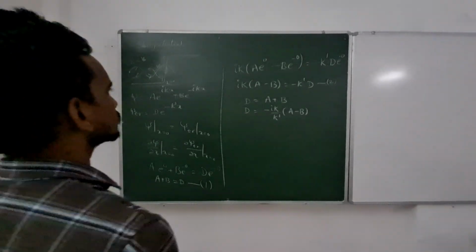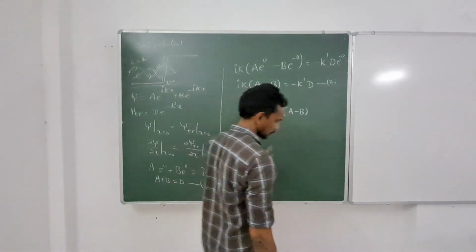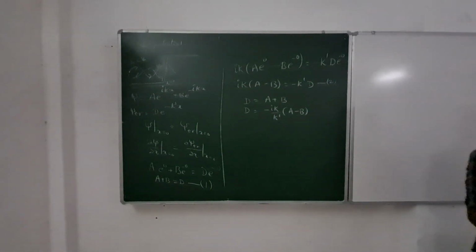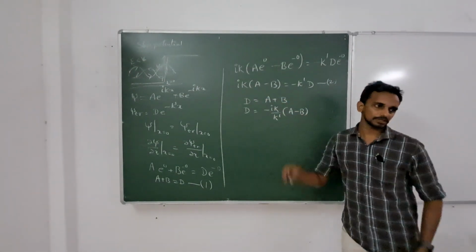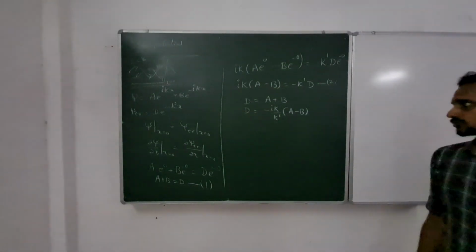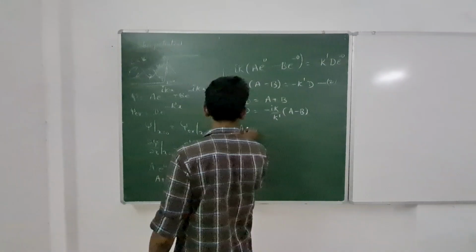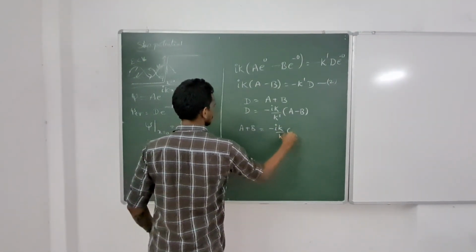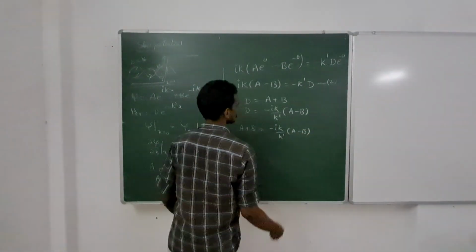So here we need to get the relation between A and B, and we don't need D. So get the value of D from one equation and substitute in the other one. So what do you get? A plus B is equal to minus ik by k' times (A minus B).